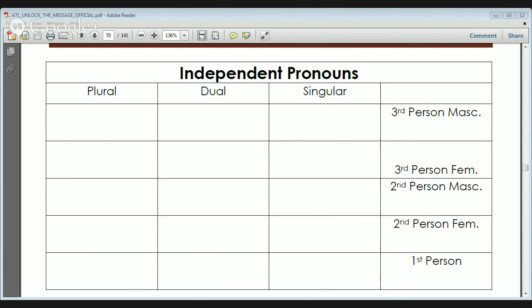And the attached pronoun is ha. Huwa, huma, hum, hiya, and then the feminine is the same thing. So for these, they're actually the same for masculine and feminine.